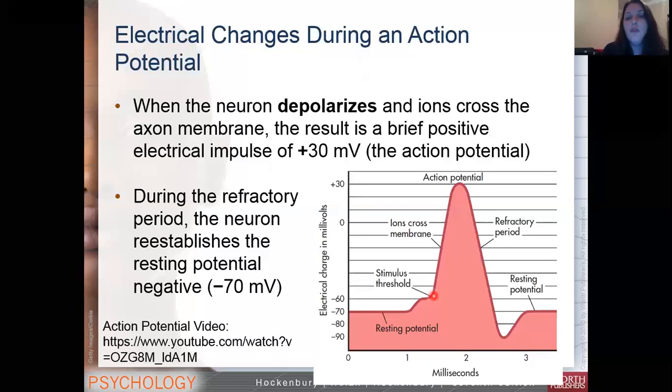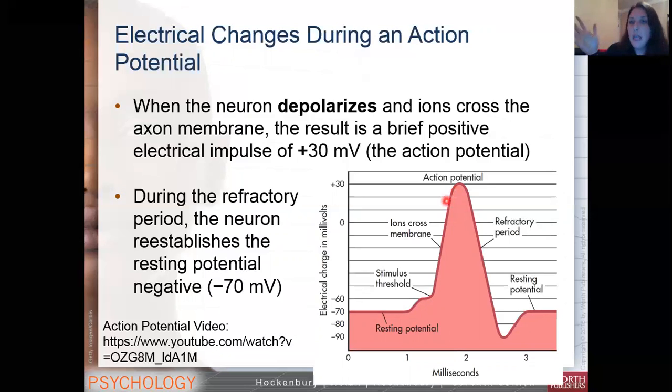If the outer portion of the cell is more positive, and those positive ions, in this case sodium, are allowed to flood inside the cell, that's going to make the cell more positive, and the charge starts getting more and more positive as more and more of those sodium ions rush into the cell membranes.